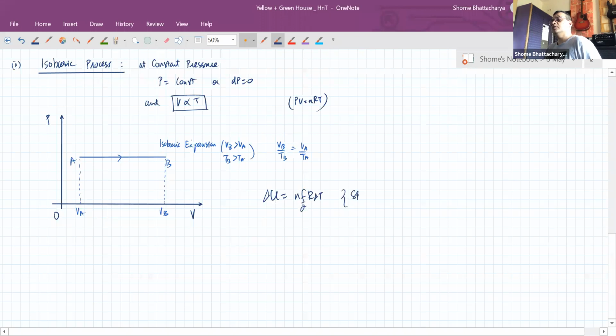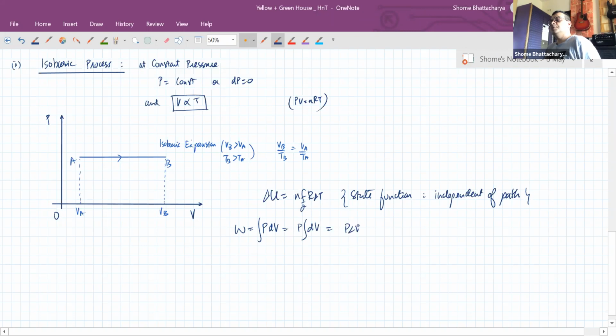Okay, this is a state function, so same for all processes, so independent of path. But the other things are path dependent, work done and Q. So work done, which is integration of PdV, because the pressure is constant, it just becomes P into integration of dV.